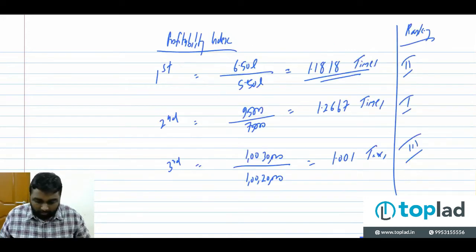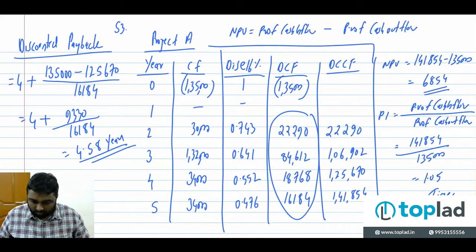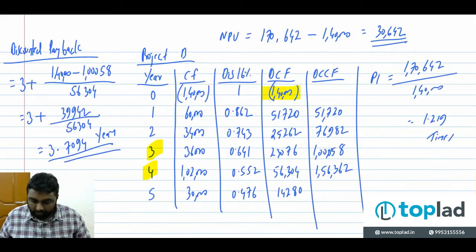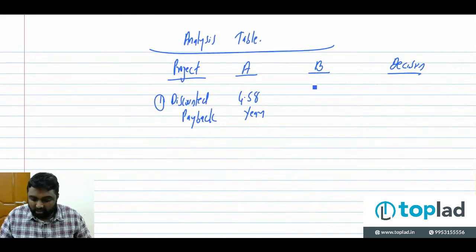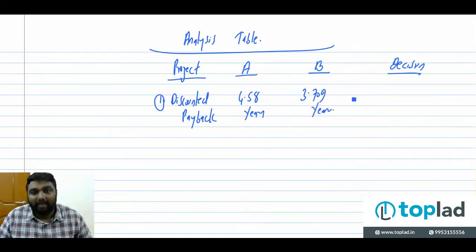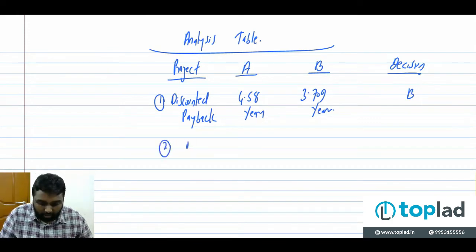A, how many period? A, 4.58 years. B, 3.709. We know all the payback, lesser the payback, better the option. So under payback period, we can go with project B.